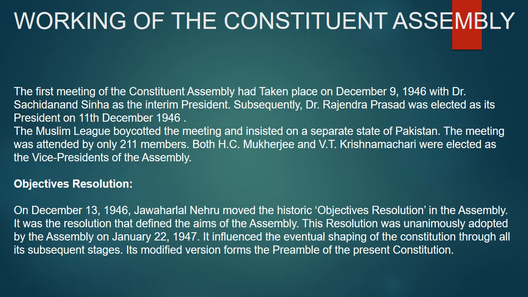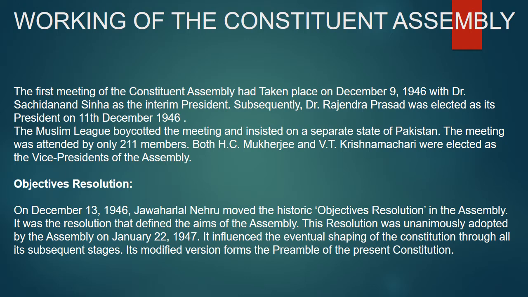So as per the French rule, he was selected as interim president. So we can mark the first president as Sachidananda Sinha. Then later, Dr. Rajendra Prasad was elected as the president on 11th of December 1946.